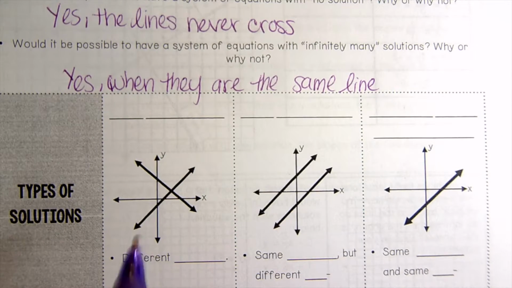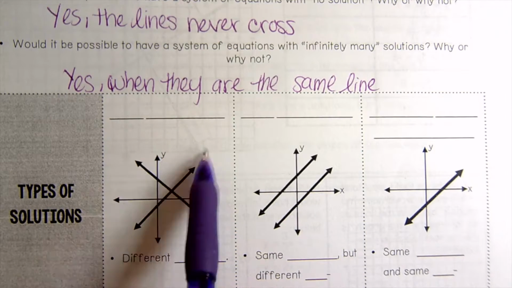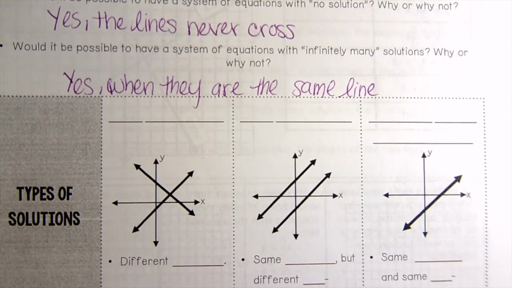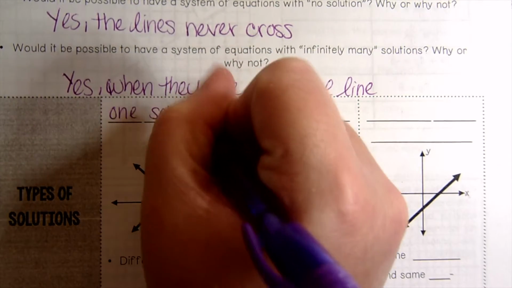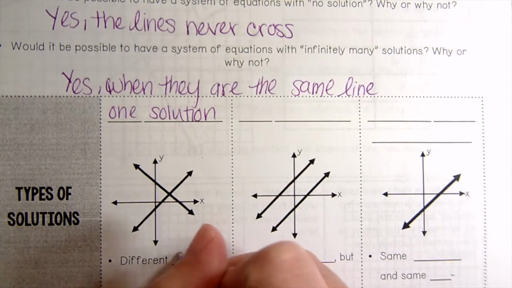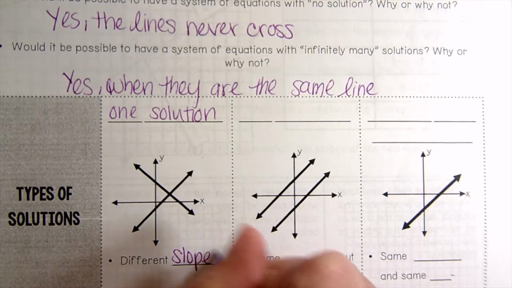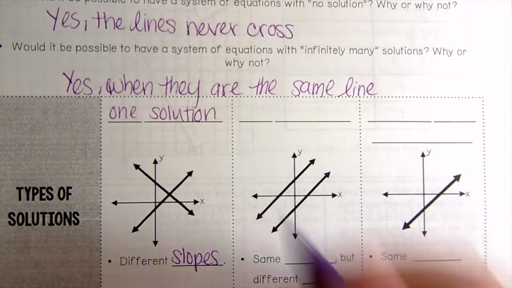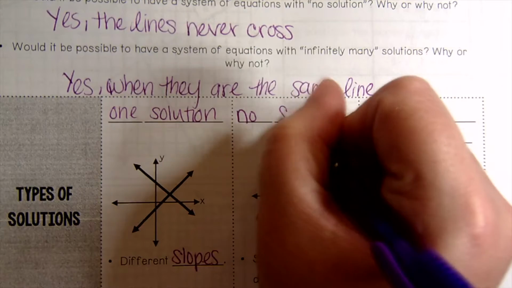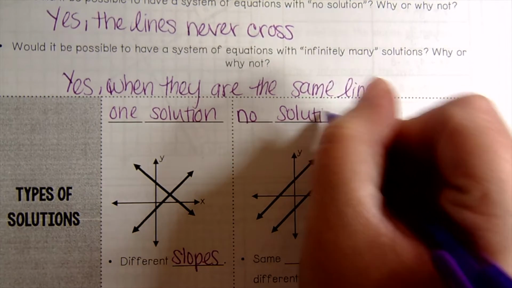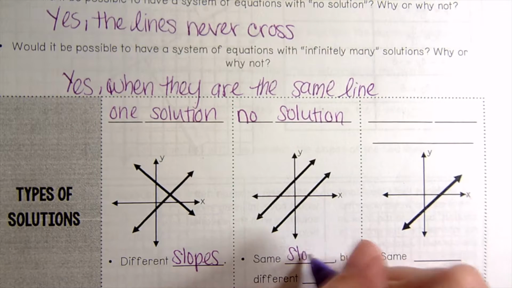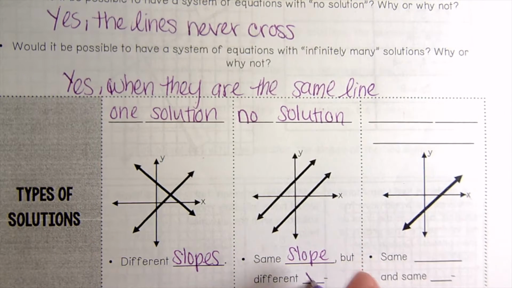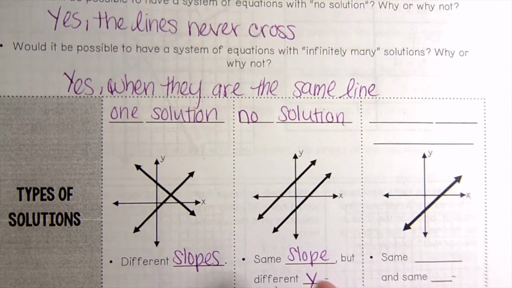Alright, so just like yesterday, there are 3 different types of solutions you can have. You can have one solution, which is when they cross once. That is when they have different slopes. You can have no solution, which is when they have the same slope but different y-intercepts.